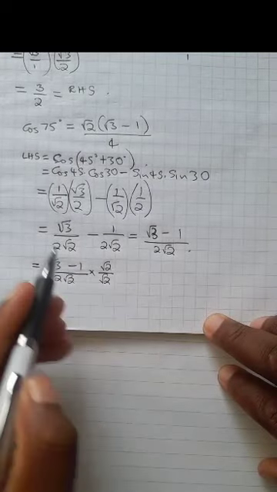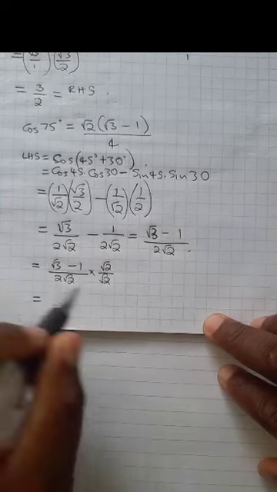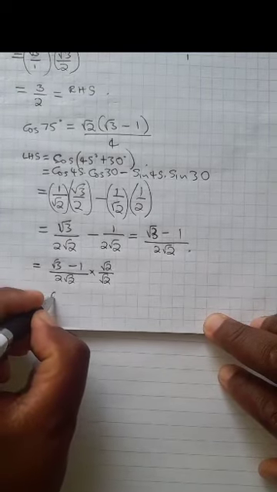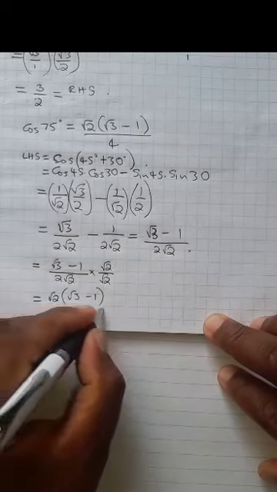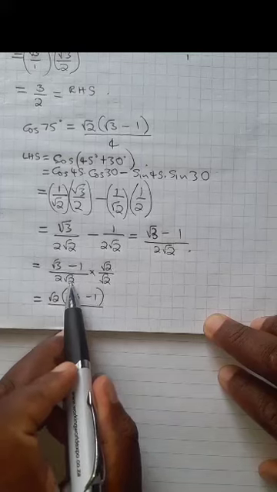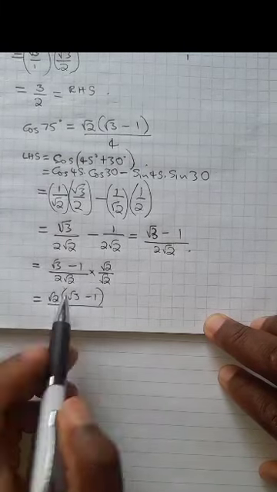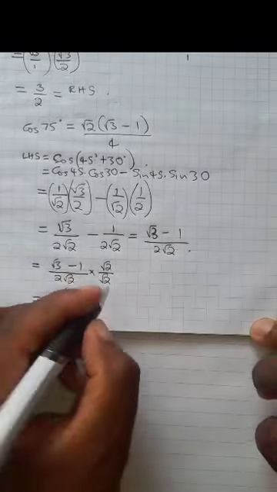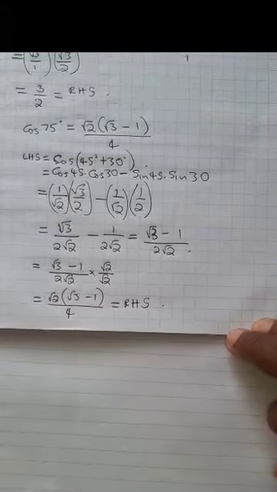Remember, root 2 over root 2 can be reduced to 1. And this is going to be equal to root 2 times this. It's root 2 bracket root 3 minus 1. And then on the denominator, root 2 times root 2 is a 2, which when multiplied by this 2 becomes 4. And there we have it. That's equal to our right hand side.